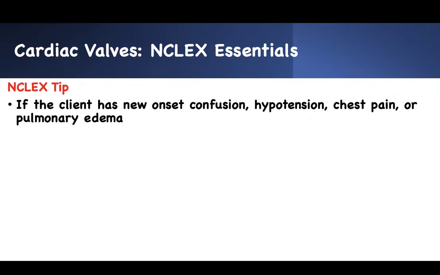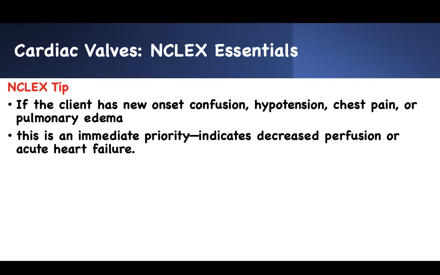What do you need for the NCLEX? Always, if a client has new onset confusion, hypotension, chest pain, or pulmonary edema, you should worry that this needs priority. Confusion, hypotension, chest pain, and pulmonary edema are all bad signs of a perfusion issue and heart failure. They will not use those words, but they will give you signs and symptoms the patient complains about.